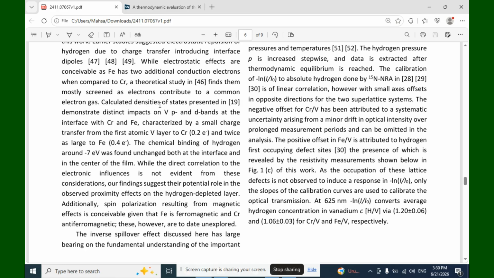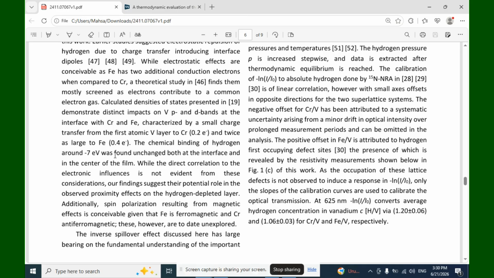Calculated densities of states presented in 19 demonstrate distinct impacts on the V p and d bands at the interface with Cr and Fe, characterized by a small charge transfer from the first atomic V layer to Cr, 0.2 electron, and twice as large to the Fe, 0.4 electron.